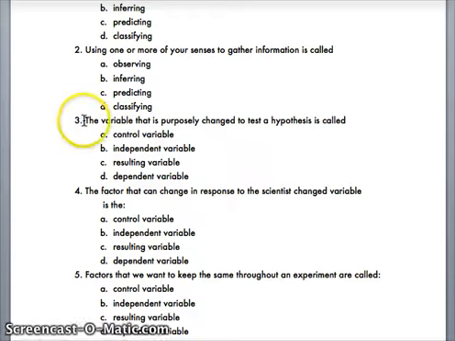Number 3, the variable that is purposely changed to test a hypothesis is called A, control variable, B, independent variable, C, resulting variable, D, dependent variable.